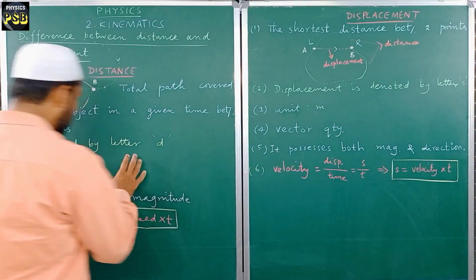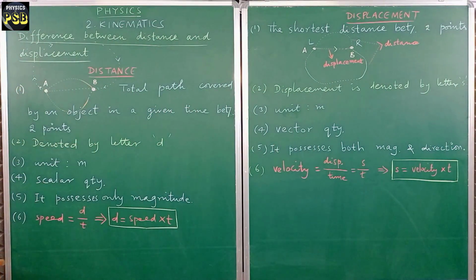Next, I told you distance is a scalar quantity. So it has got only one kind of value. It takes only positive value. Remember this.